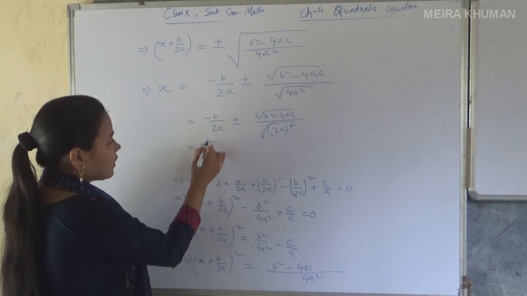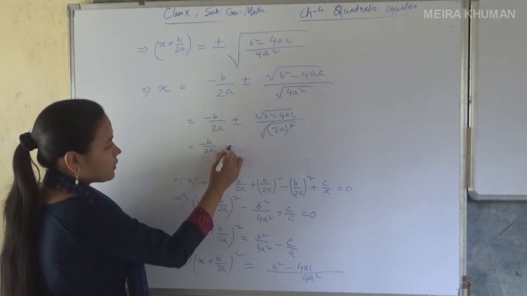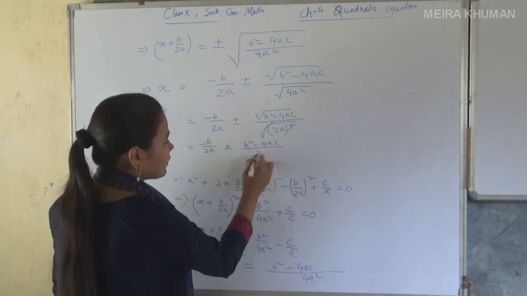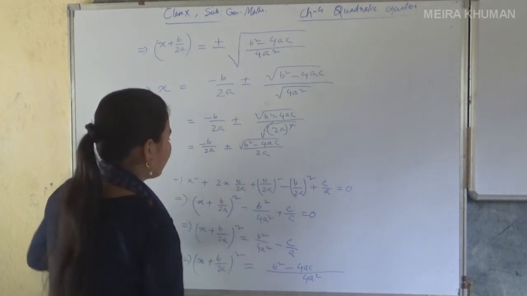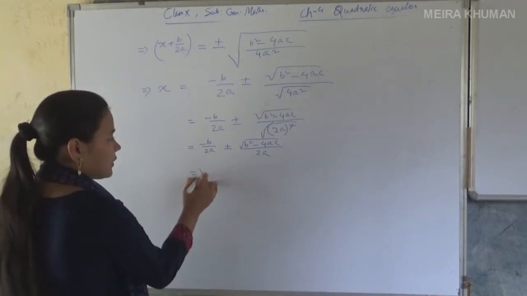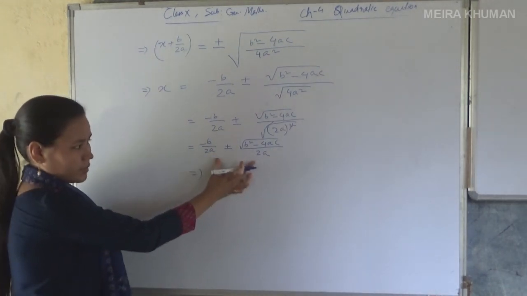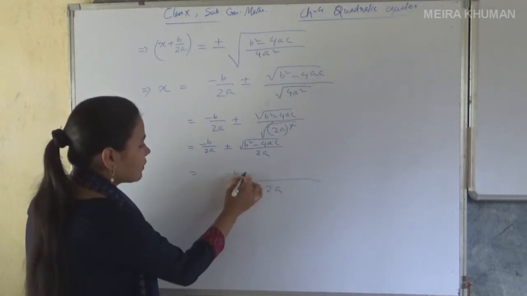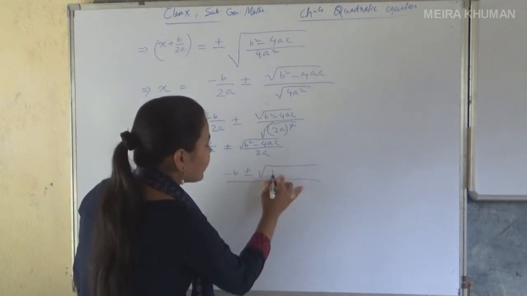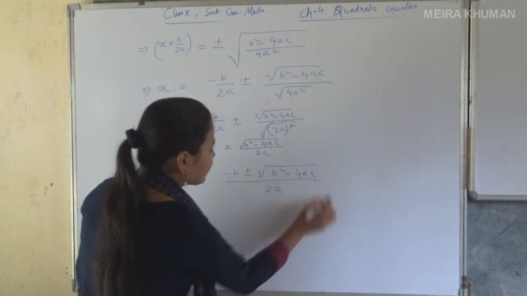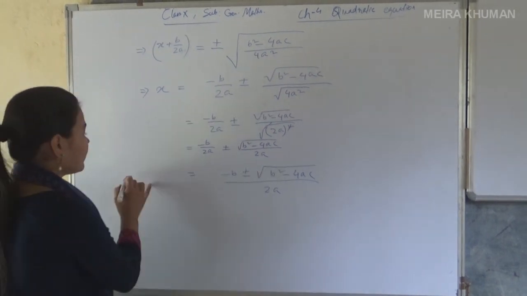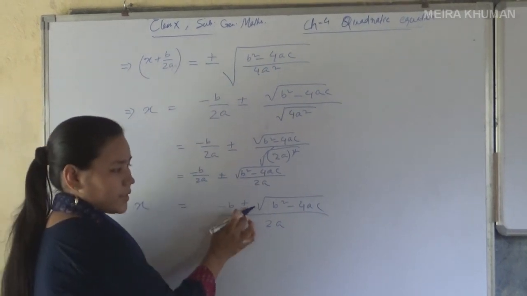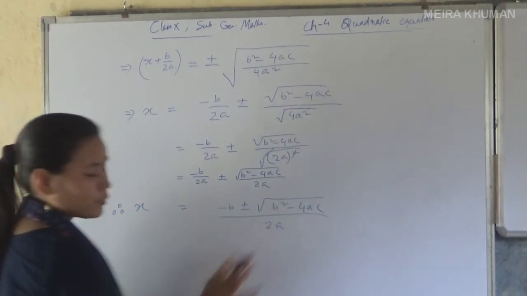Then minus b by 2a plus or minus root of b² minus 4ac by 2a. The next line, again take the LCM 2a, then minus b plus or minus root of b² minus 4ac. So that is your x value: x equals minus b plus or minus root of b² minus 4ac, by 2a.